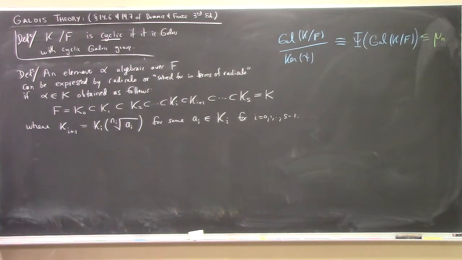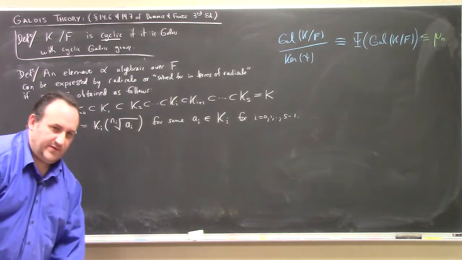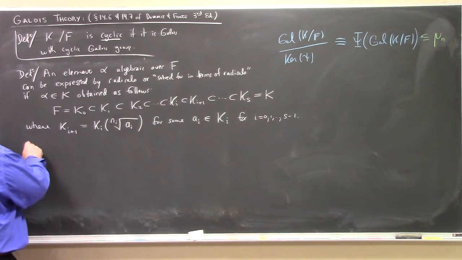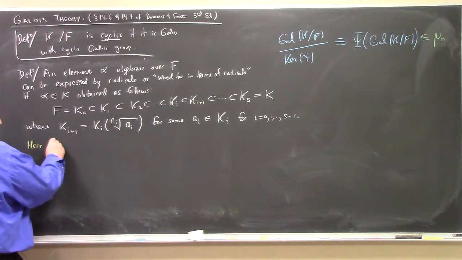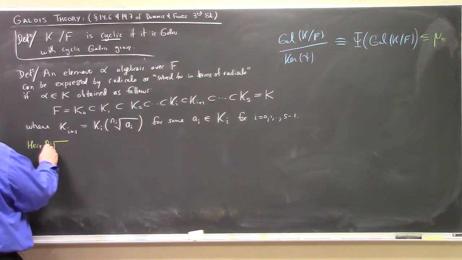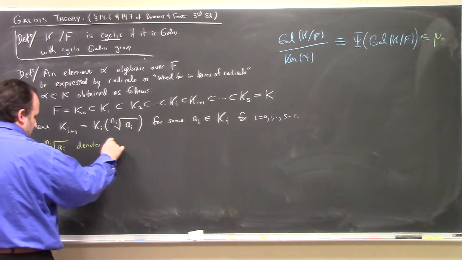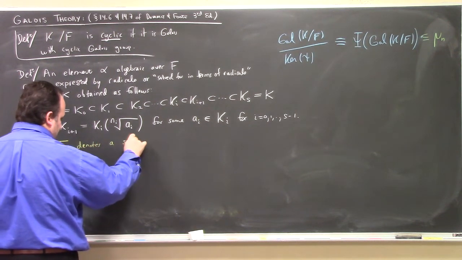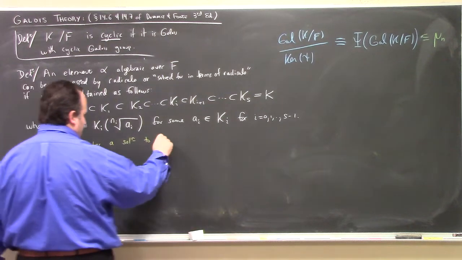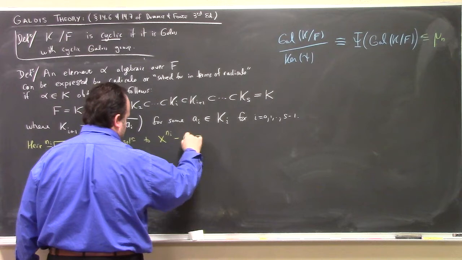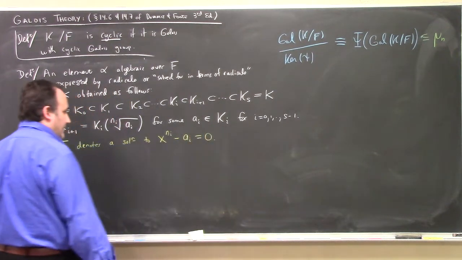And he says here the n sub i-th root. But we can't divide F, so the question is, what does this notation mean? Here, the n sub i-th root of a sub i denotes a solution to x to the n sub i minus a sub i equals 0.